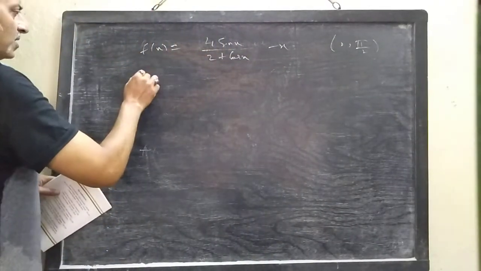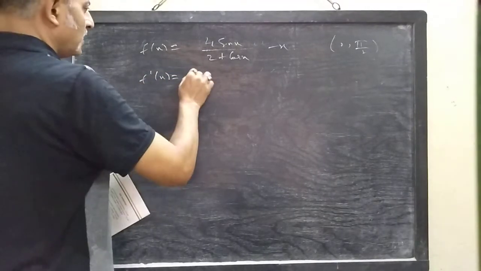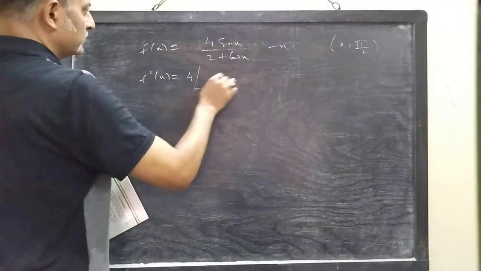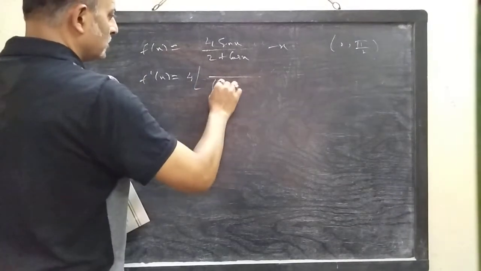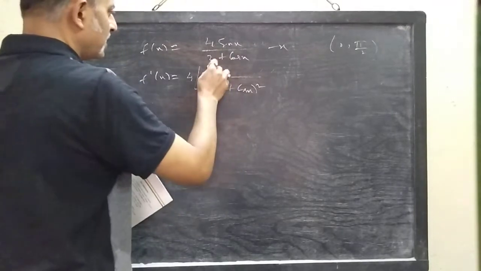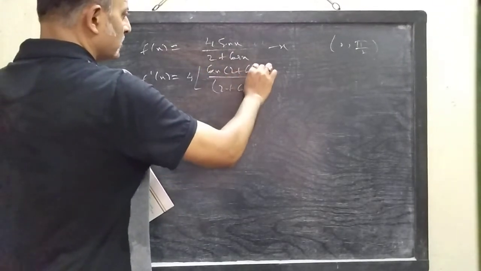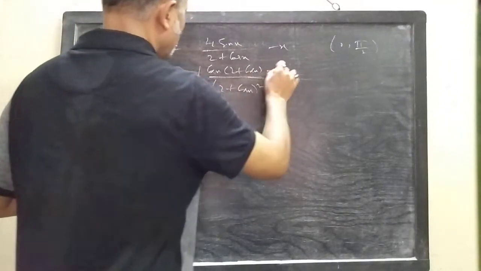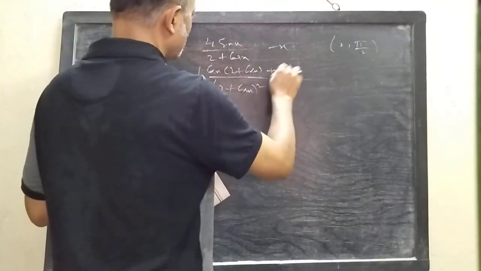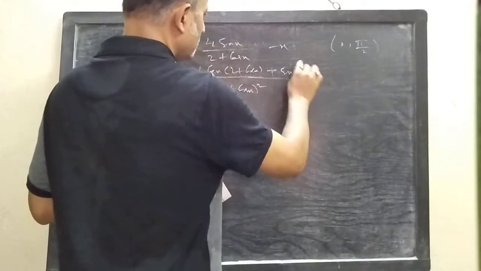So first find f'(x). Take outside 4. (2 + cos x)^2, sin x is derivative cos x into (2 + cos x) minus derivative of denominator is minus sin x, so this will be plus sin x into sin x, that becomes sin^2 x.